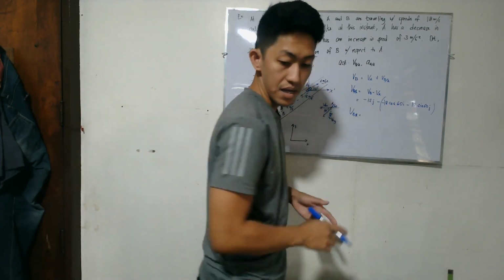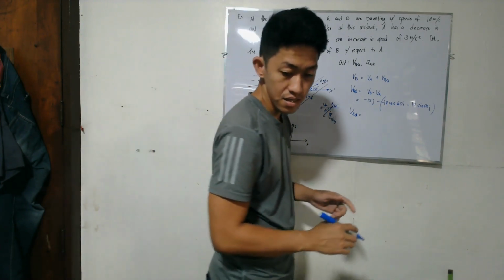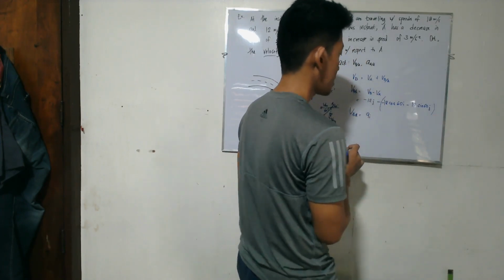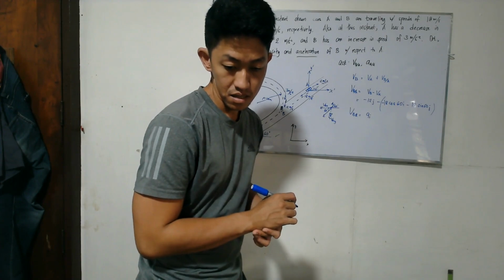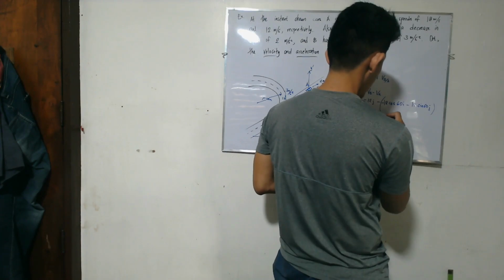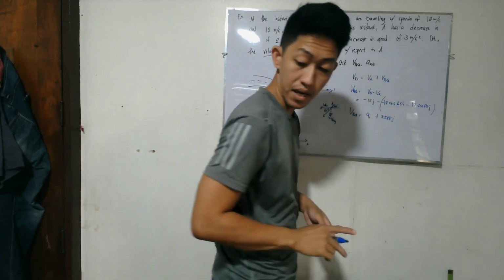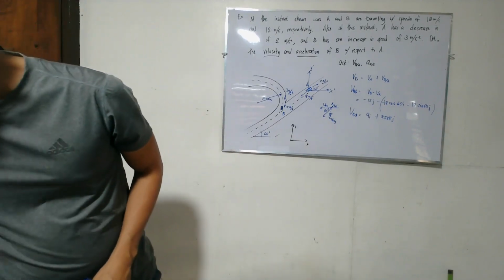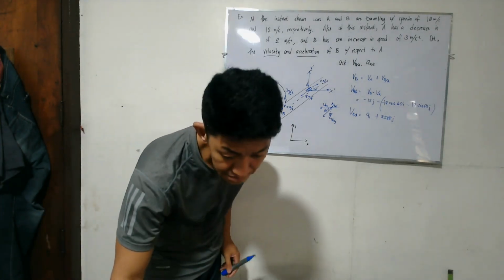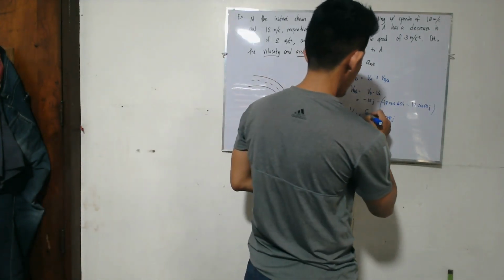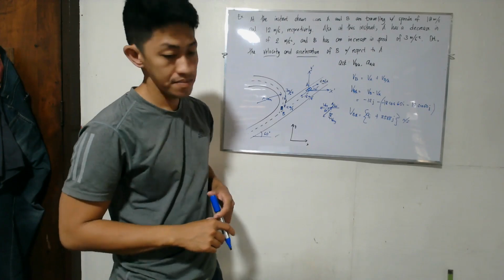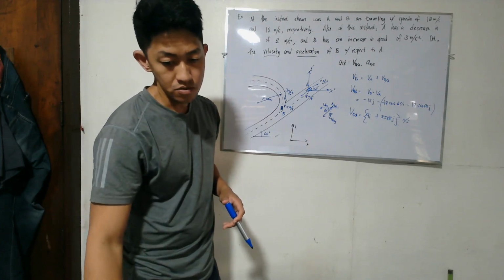So, this becomes, ang 18 cosine 60 is 9i plus 3.588j. Okay? Siya.